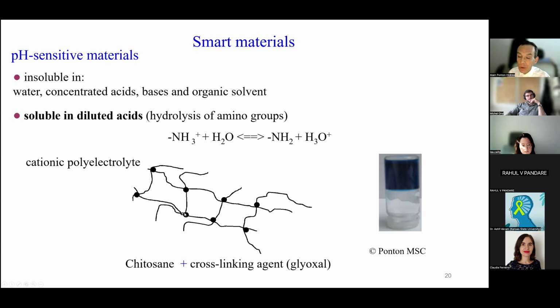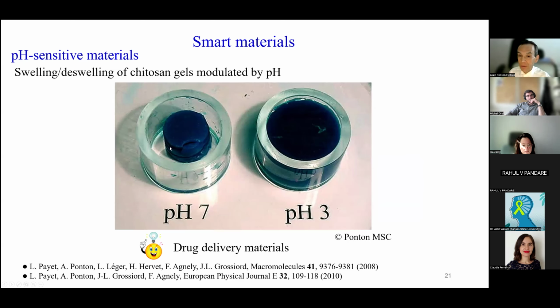And in this case, you have an irreversible cross-linking. And this kind of hydrogel has some very interesting properties. As you can see on this slide, you can induce deswelling or swelling of the gel by just changing the pH. So you can use these smart materials for example as drug delivery materials.